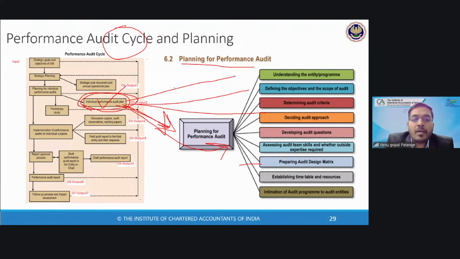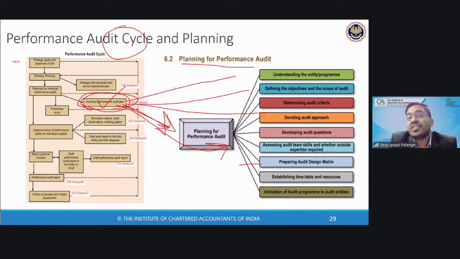This is not a private limited entity where you have owners reviewing performance on a daily basis. In a public sector undertaking, no one reviews the performance in as much detail as in the private sector.